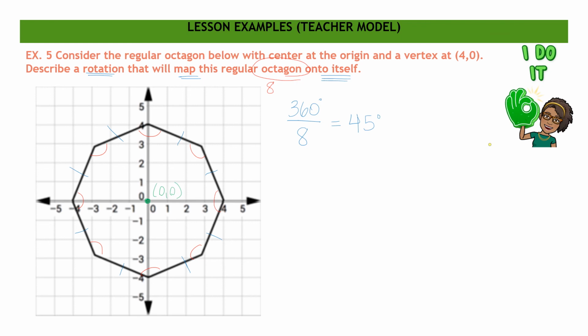And that actually makes sense because if we look here from our origin, if I draw a line going straight through one of the vertices, if I call this my 0-degree mark, starting here, and I make one rotation, I notice it's going halfway in between this first quadrant.